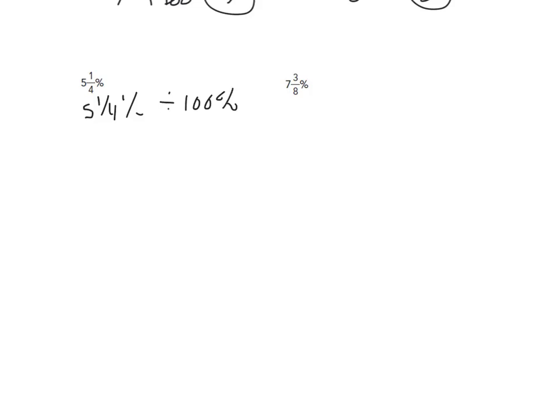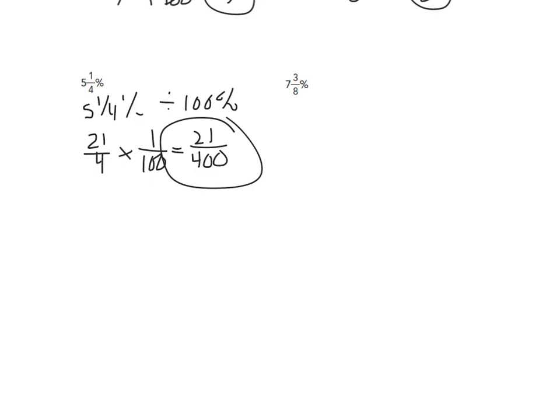So I'm just going to use an improper fraction here. This becomes 21/4 times the reciprocal, which is 1 over 400. That gives me 21 over 400. And I don't think they have anything in common. I think I'm done. 21/400. It's not a percent anymore. That's why I divided it by 100%.